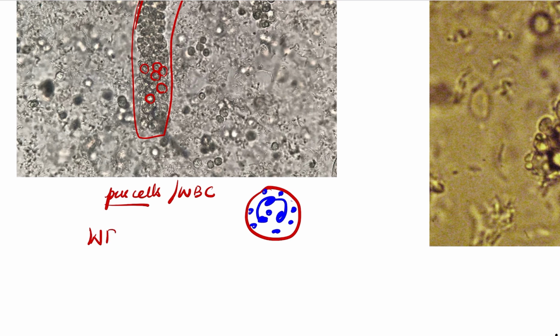They have a granular appearance because of the nuclei, and neutrophilic granules. Because of that nuclear material and granularity, the cell appears highly granular. So this is a WBC cast.